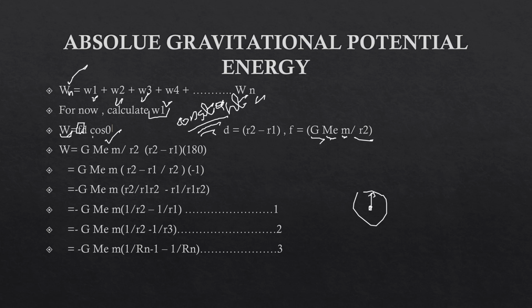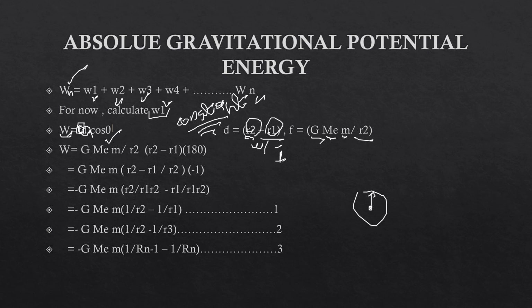Here, the distance d is R2 minus R1, so we take the difference between them and subtract R1 from R2.